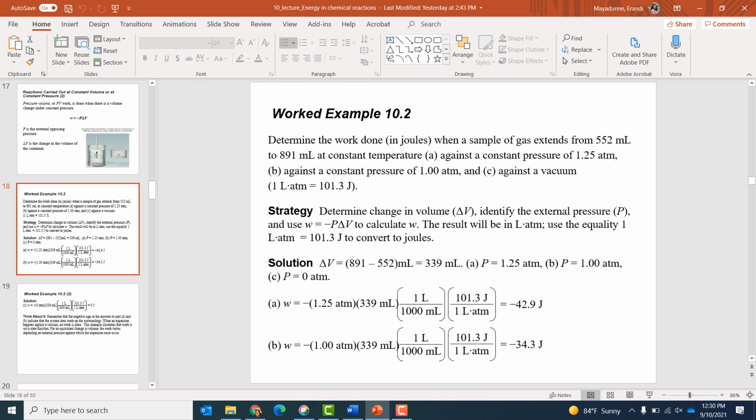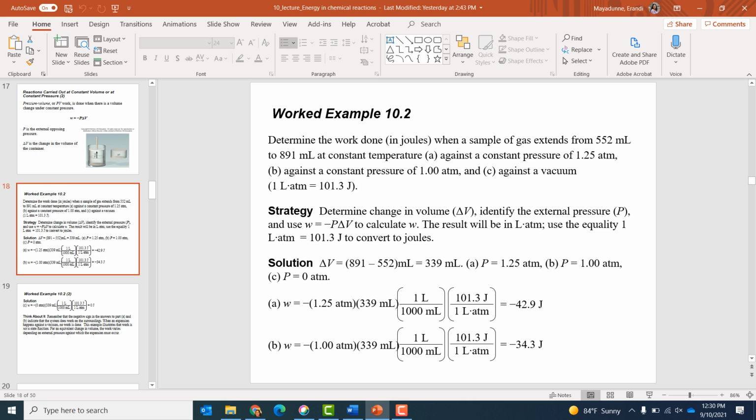So I first want to convert milliliters to liters. 1 liter equals 1000 milliliters. And the conversion of atm to joules is that 1 liter atm is this many joules. Now I have 1.25, so for 1 liter you multiply by this number. So then I get the work.